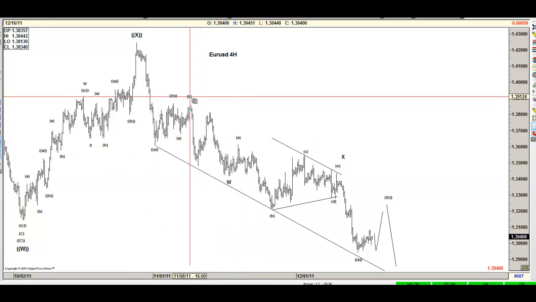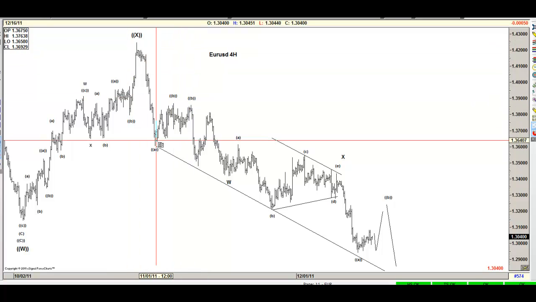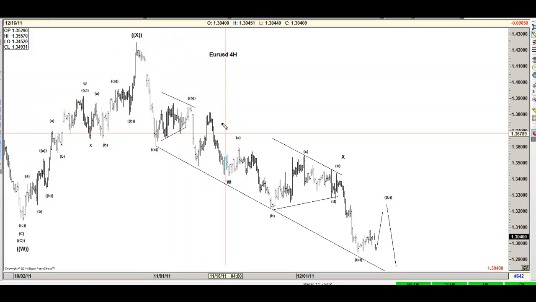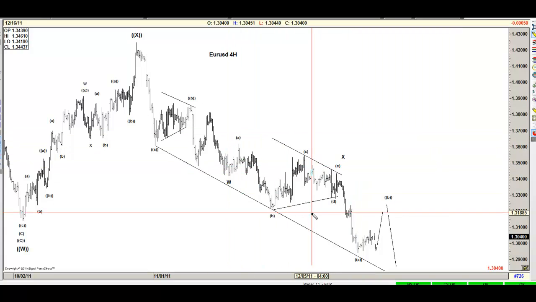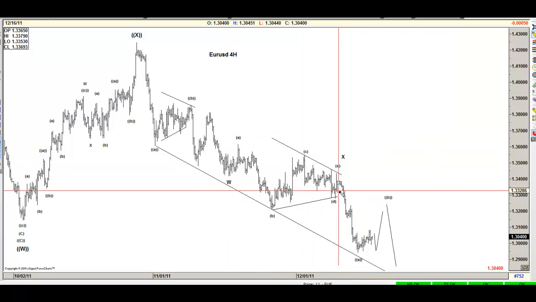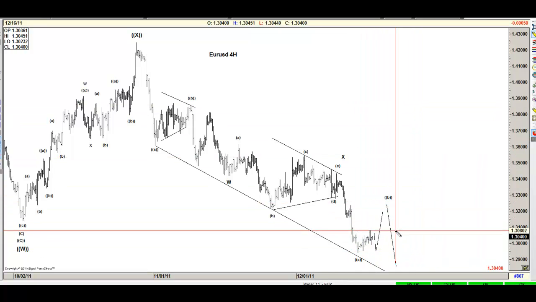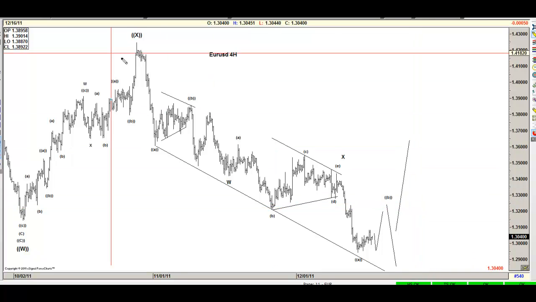I'm sorry, this is incorrect: the first leg being a 3, and then you have a triangle B wave, and then you have another 3-wave here in W, and then you have the same triangle in the middle, right? And then you have 1, 2, 3, and then it's going to allow a bigger recovery. This one allows a bigger recovery. Now, that's for the euro.